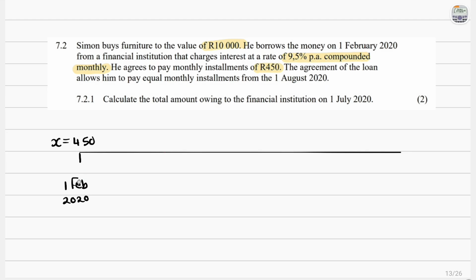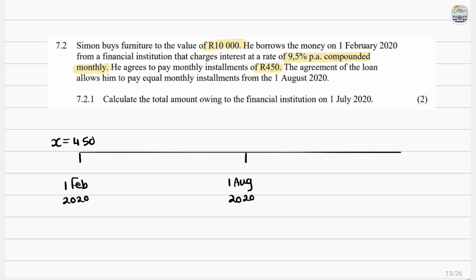So 1st February, he gets this loan and he's allowed to start paying back on the 1st of August 2020. And 7.2.1 says, calculate the total amount owing to the financial institution on the 1st of July 2020.